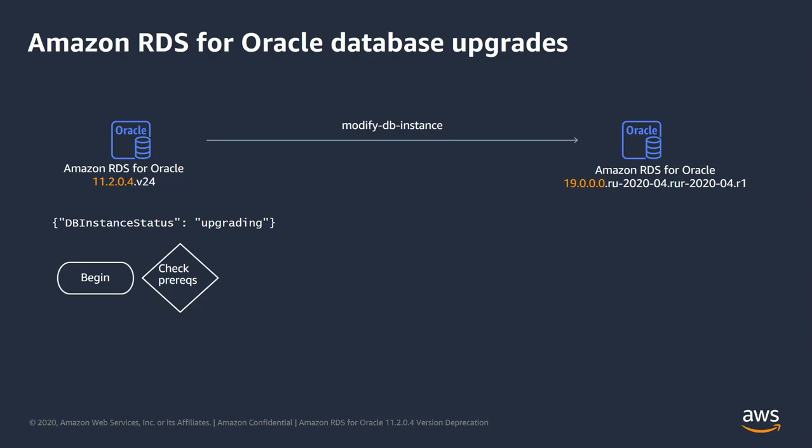It does a pre-check, running some of the initial checks and making sure that the database is in the right state. And then we take a backup. This is a pre-upgrade backup, and it will happen only when the backup is enabled. You enable the backup by setting the backup retention days to a non-zero value.